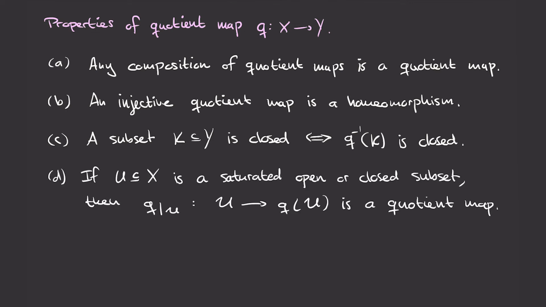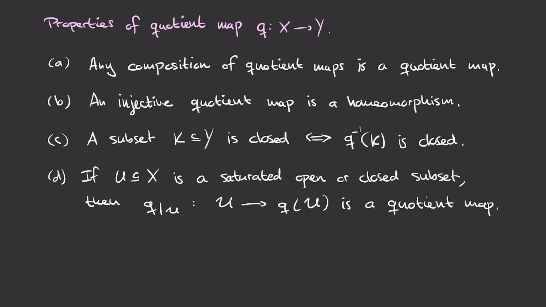Next, property D concerns how we can restrict quotient maps on certain spaces. So it's saying that if we have a saturated open subset of X, or alternatively a saturated closed subset of X, then we may restrict the quotient map to that set in the domain.